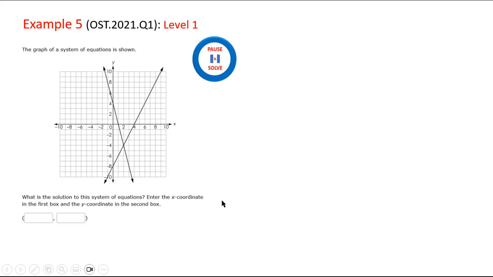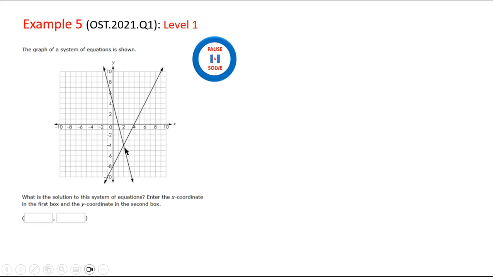Example number 5. This is really a simple example. That's in 2021, first question. That's a level 1 example. So you have two lines here and they're asking you what is the solution of the system of equations shown in this graph.